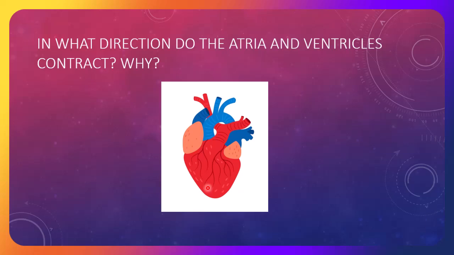And when we're talking about inferior, we're talking about the apex of the heart. So again, the blood flows from superior to inferior in the atria and from inferior to superior in the ventricles. That's a very good question. Thank you. Anybody else? I love questions.